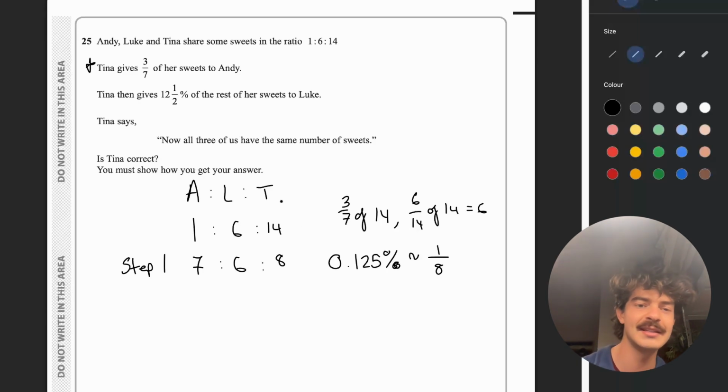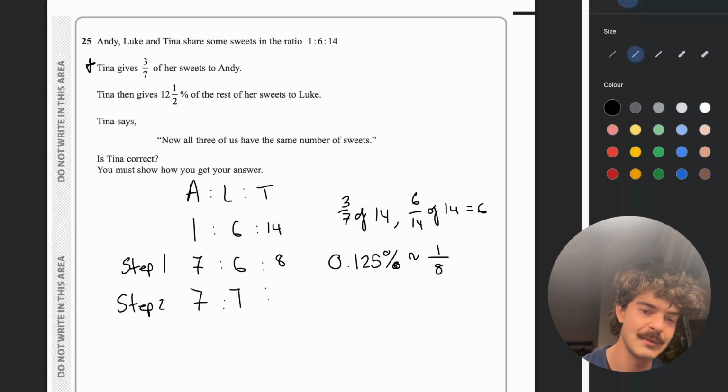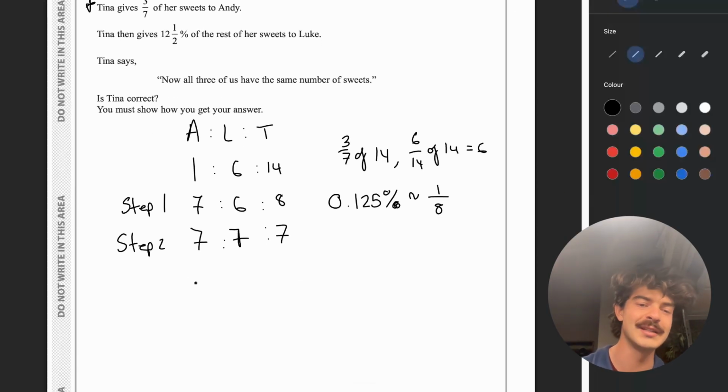So in this case, Tina gives 12.5% of her sweets to Luke, so Tina's going to give 1 out of her 8 to Luke. So there you go. After step 2, nothing's happened to Andy. Luke has now gained 1. Tina has lost 1. And look at that, now they've all got exactly the same.